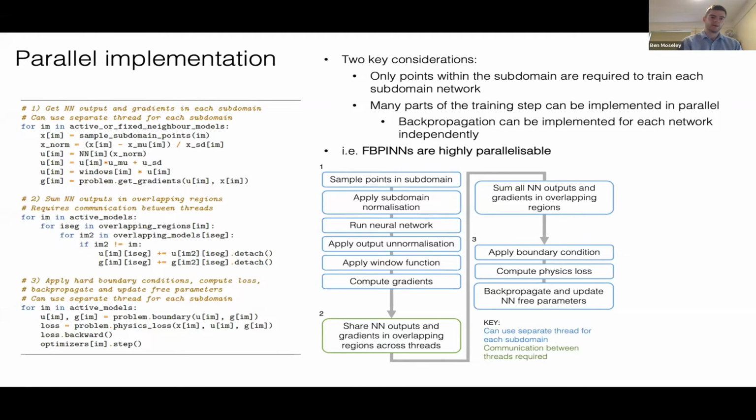The current limitation in that green box is that we have to wait for solutions from each of the subdomain networks in their neighboring area before we can backpropagate to update the weights of the current subdomain. But we can even cache the results of the subdomain networks so that we can update each subdomain network in a fully asynchronous fashion. I haven't yet fully implemented the multi-threaded version, but that is very feasible, I think.